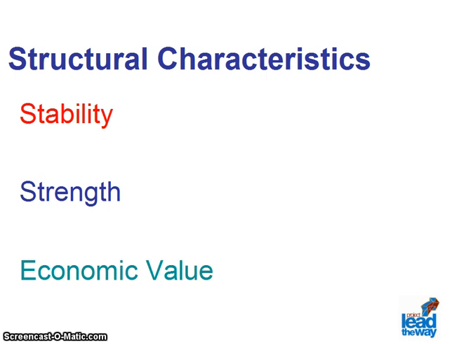The second is strength, the ability of the structure to withstand the applied forces. This usually includes a factor of safety. And third is the building's economic value. This includes, but is not limited to, choices which are made about the design, the materials used, the construction costs, the maintenance and energy costs, and the intended function of the structure.